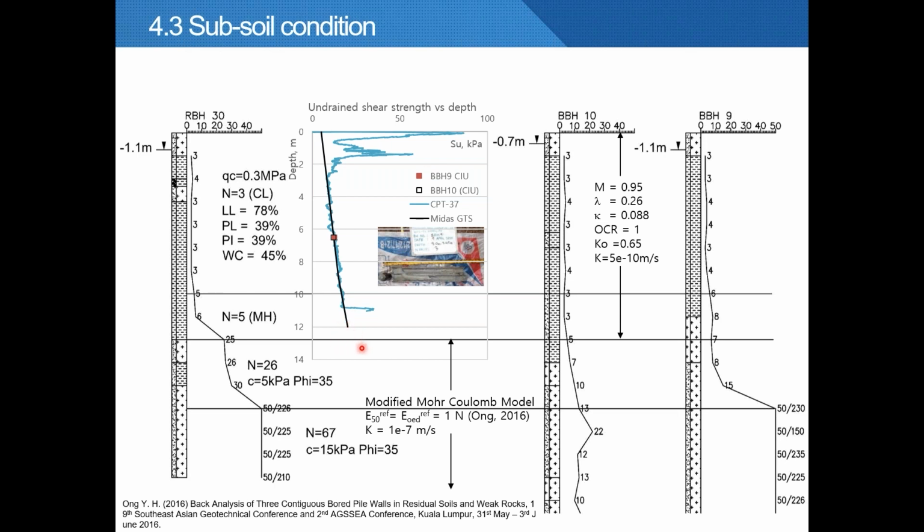Below the soft clay is firm clay, followed by residual soils. The soft clay was modeled using the Cam-Clay model, and the residual soils were modeled using the modified Mohr-Coulomb model.